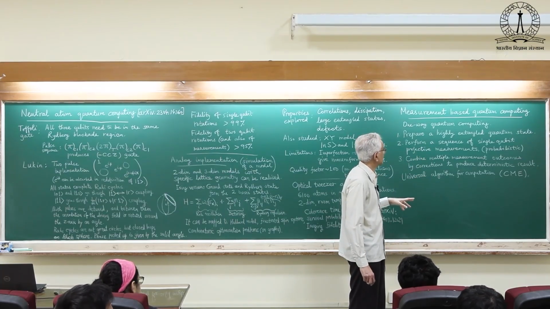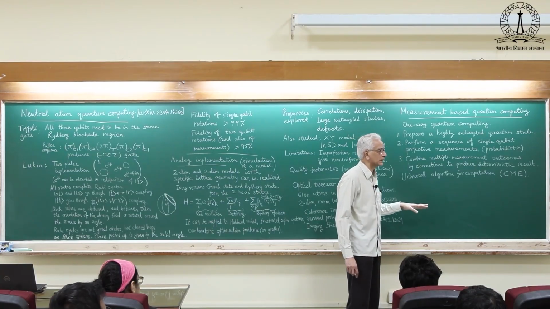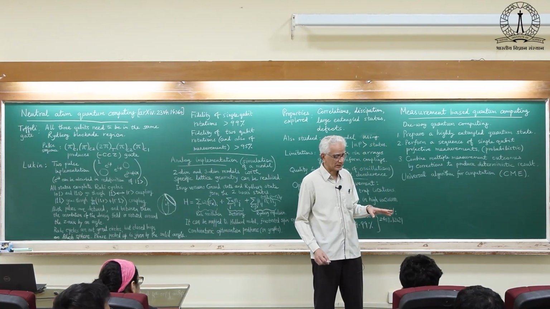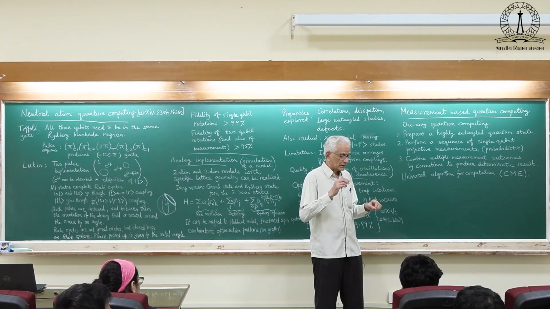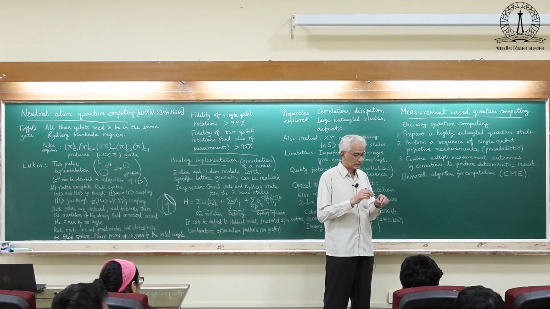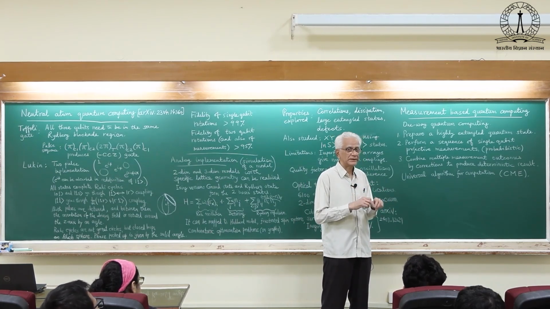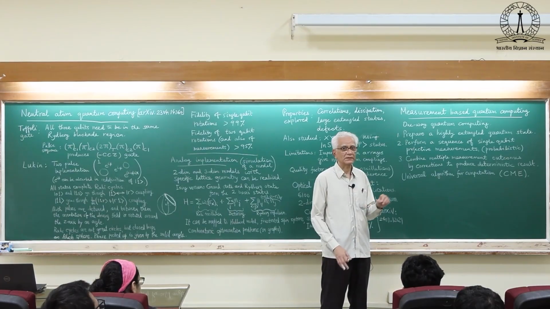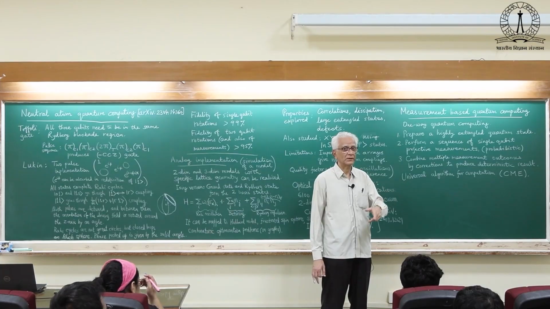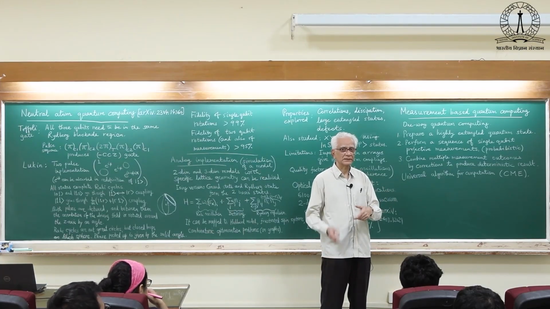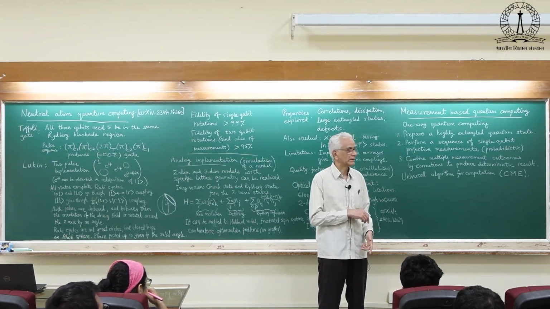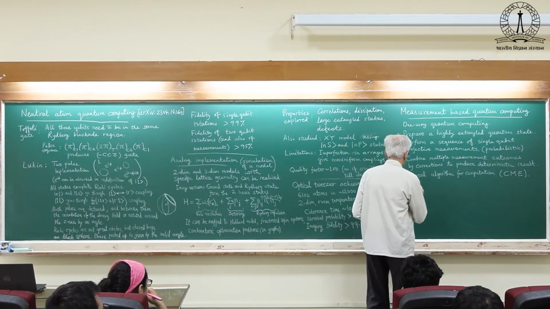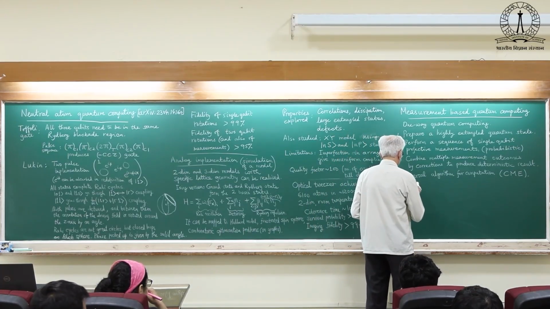The most important part of the clever manner is that the setting of a particular measurement depends on the results of all the previous measurements. It's not fixed a priori. It depends on what you got in the earlier measurements, and the new direction will be decided by them. So these are the tricks.